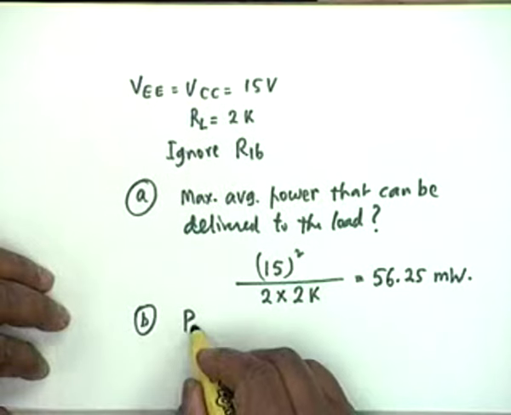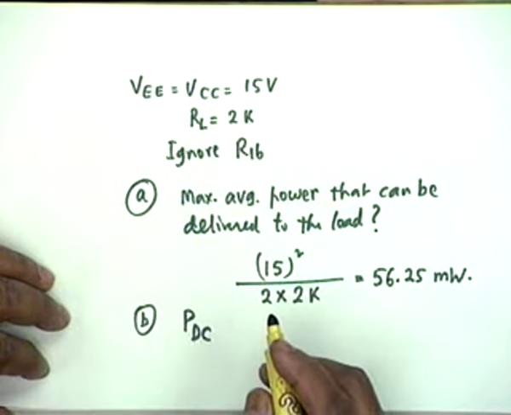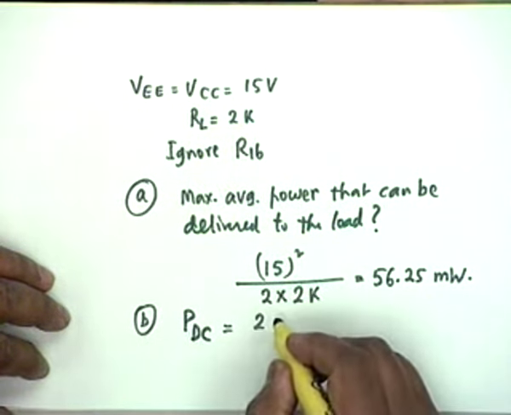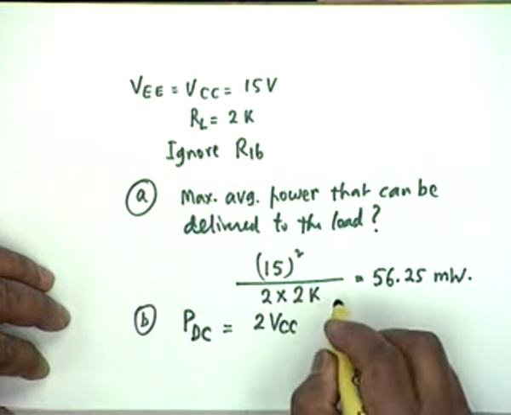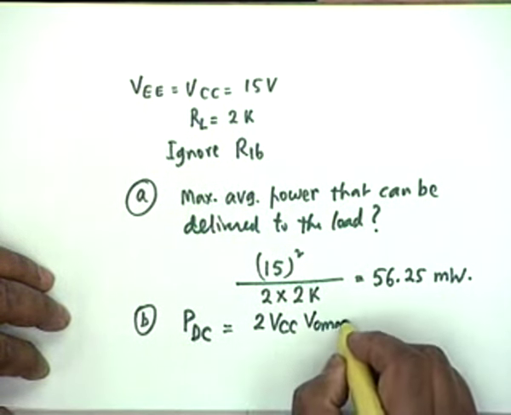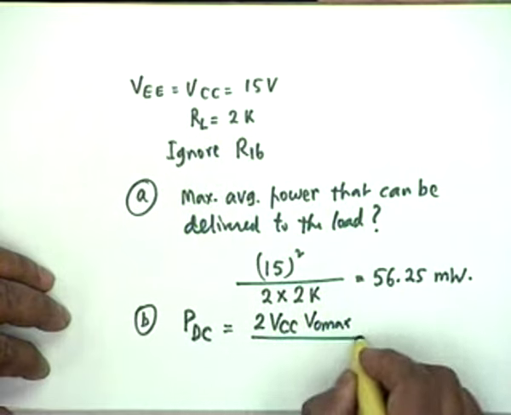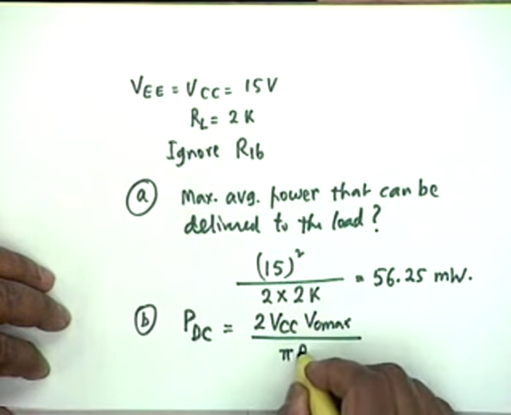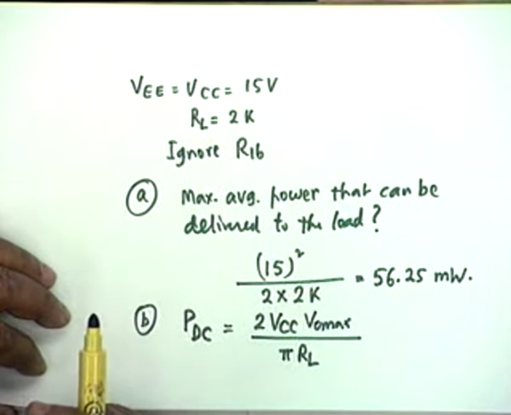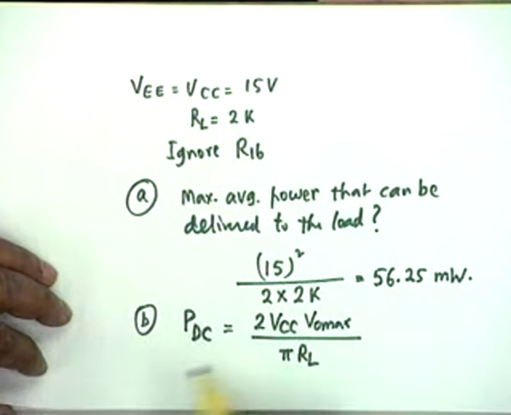That is, how much is PDC? If you recall, we found out this as twice VCC multiplied by VO max divided by pi RL. VO max by pi RL was the average DC current, and we multiply by twice VCC.